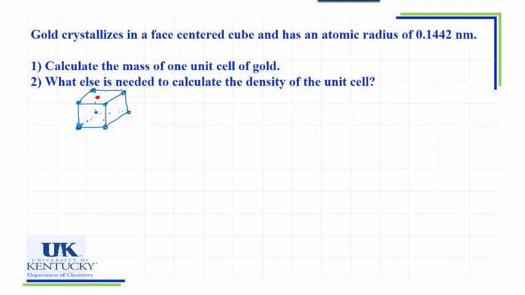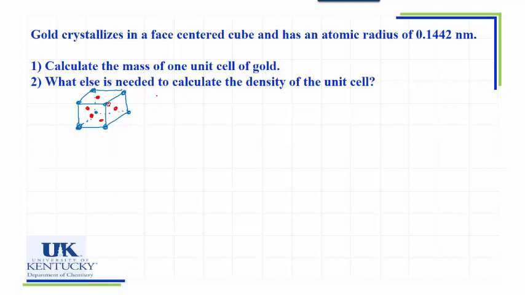There's one on the top, there's one in the center of the bottom, there's one on the right, there's one in the center of the left, and there's one up here in the front, and there's one back there in the back, and it's kind of hard to see, but we'll give it a dot back there. Okay, so top, bottom, left, right, front, back, those are all the faces.